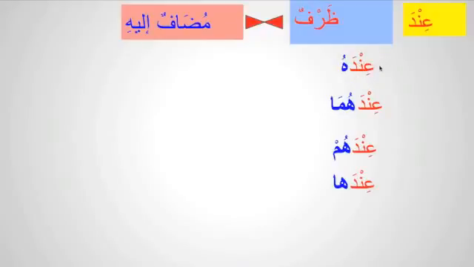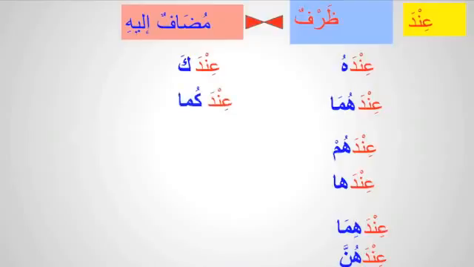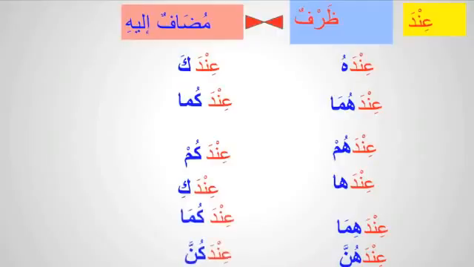So with him, with them, with her, with them females, with you, indaka. Ma indaka, what is with you? Indakuma, indakum, indaki, feminine, indakuma, indakunna, indi. Indi means with me. Indana, with us.